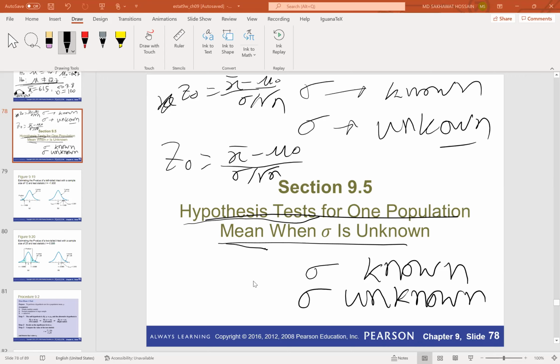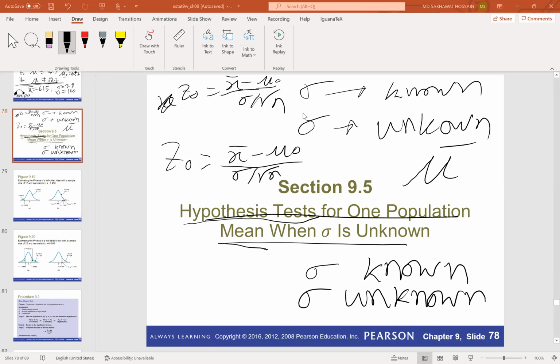Okay, so when we do not know the value of mu, what did we do? We had one or two chapters about this. Yes, that's correct, we find the sample standard deviation.